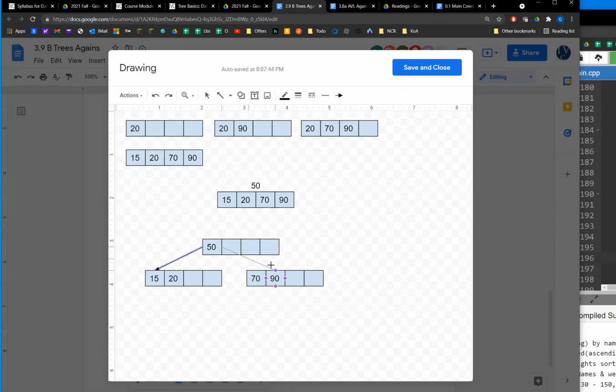And this is the idea here. Subtree less than 50 on one side, and subtree greater than 50 on the other side. And the key difference here is how big our nodes are going to get before we start our splitting.